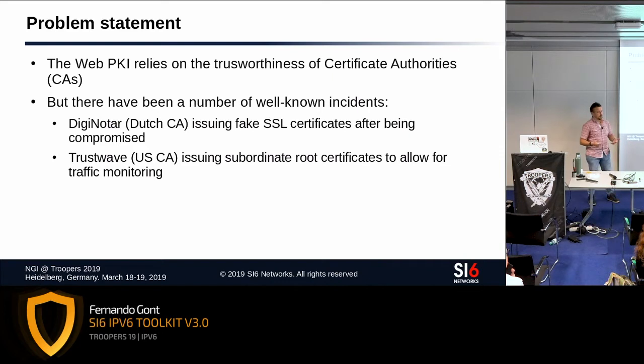Any certificate authority could essentially issue certificates for any domain name. And there were known cases in which some certificate authorities ended up issuing certificates that they shouldn't have. These are two of them, but there were more, okay? And maybe there were others that happened, but were not noticed.